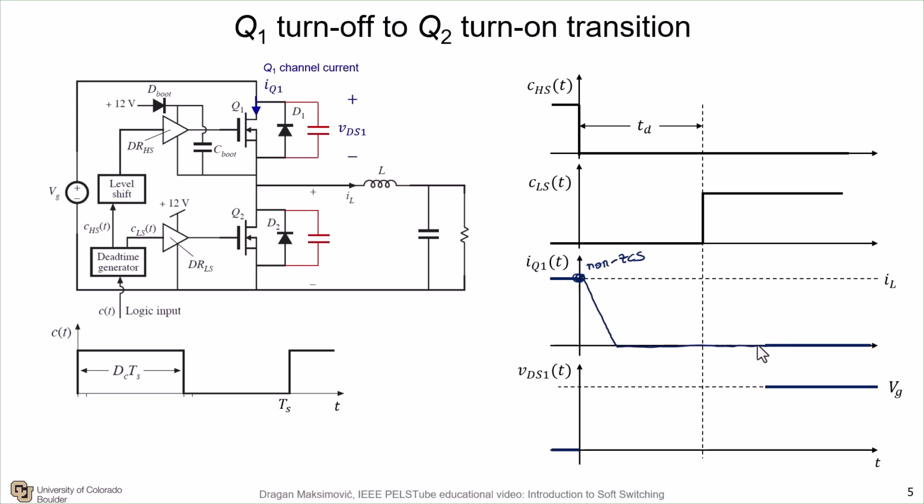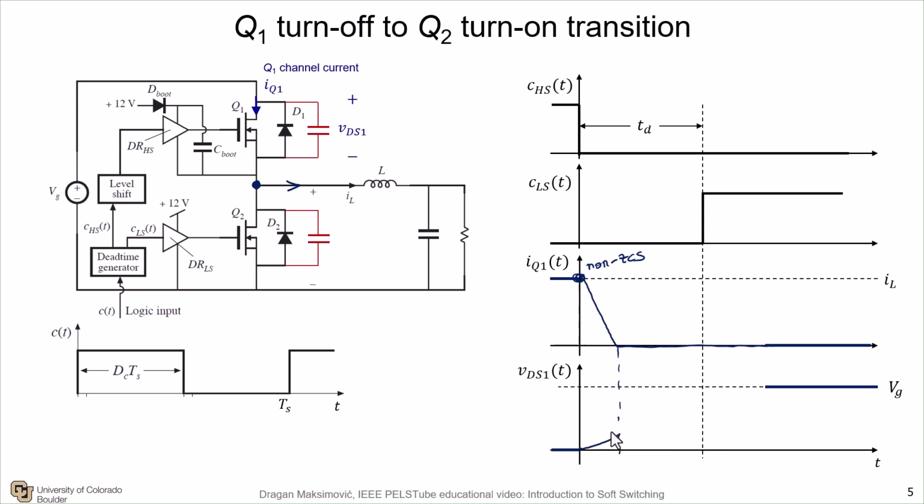And during that time, as the current through the device is now lesser than the current that is going through the inductor, we have current that is charging and discharging the capacitances of the switch node, and in response to that, the drain to source voltage of Q1 is going to start increasing.